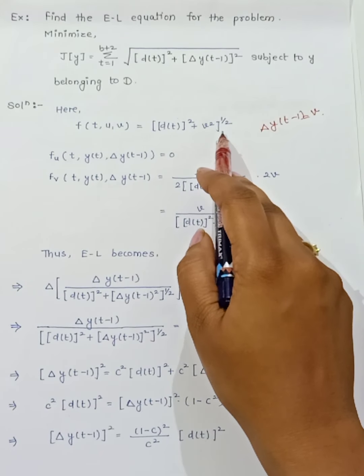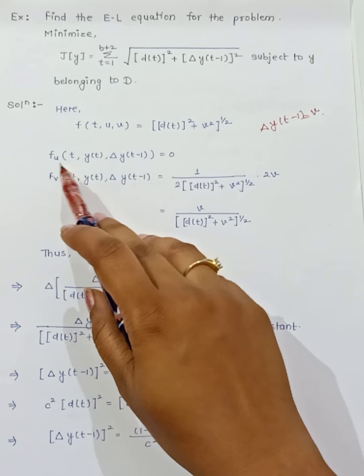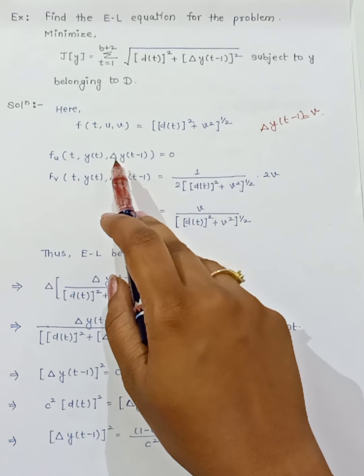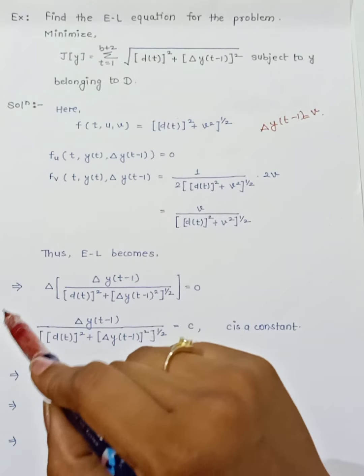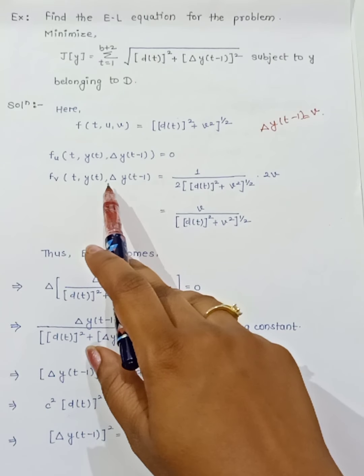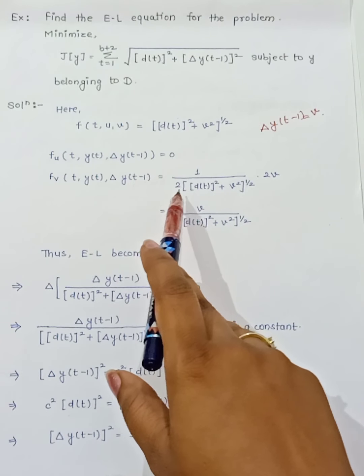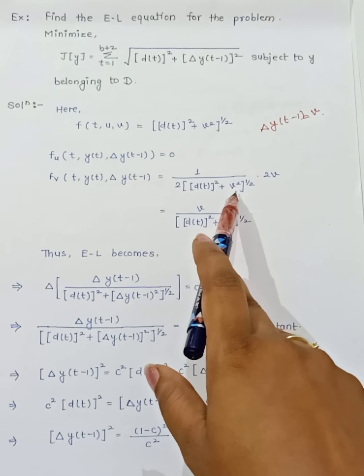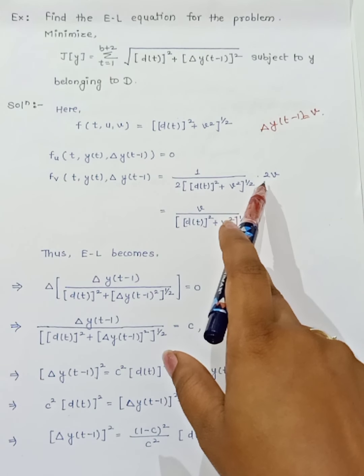Now f_u equals 0 because we don't have the u term, and f_v equals 1/2 (dt² + v²)^(1/2) into 2v.